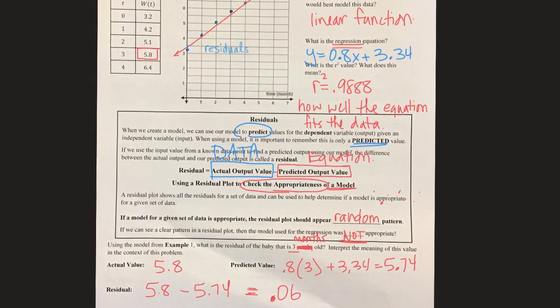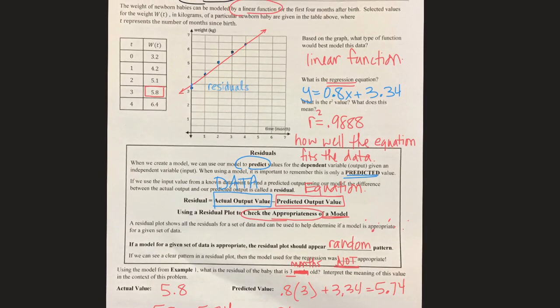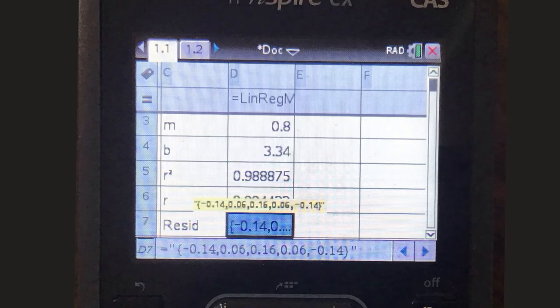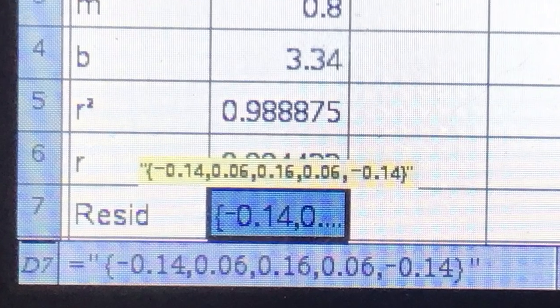Let me show you what this looks like in your calculator for this data. Here's a picture of my calculator. Here was your M when we did our linear regression, here was your B value, and there's your R squared. Now see, this says resid. This is the residual screen, so your calculator will calculate your residuals for you. Look at all these numbers.